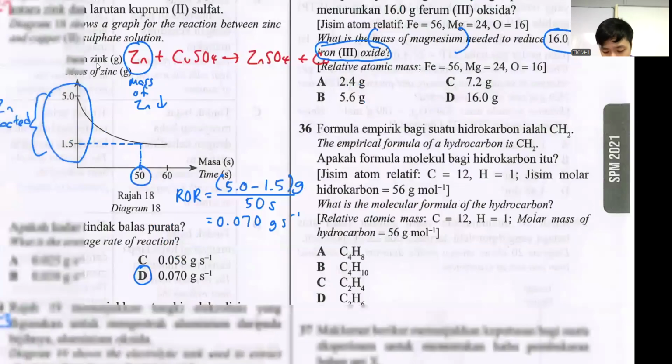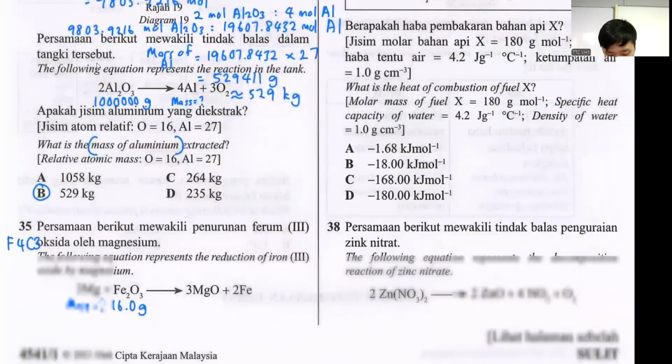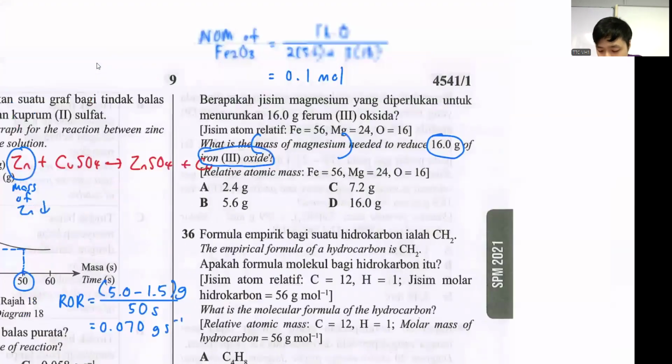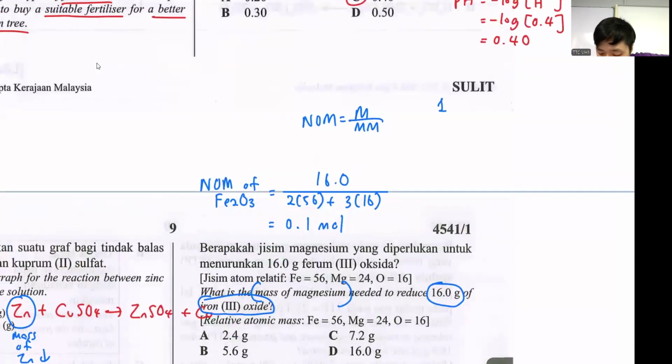Then ratio again. Where there is no number, it means one. From the equation, 1 mole of Fe2O3 reacts with 3 mole of Mg.